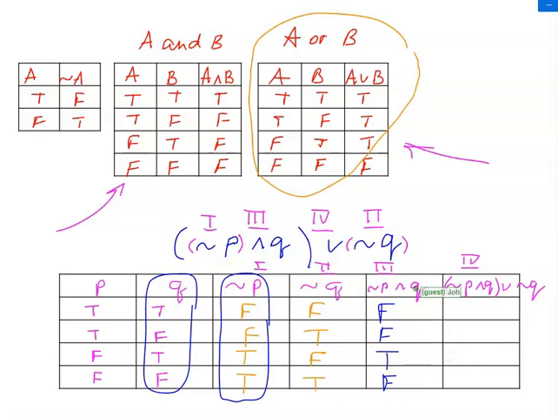I'm looking at the results of the expression not P and Q, so that's this left side, and I'm ORing that with not Q, and not Q is here. So here I've got false or false.